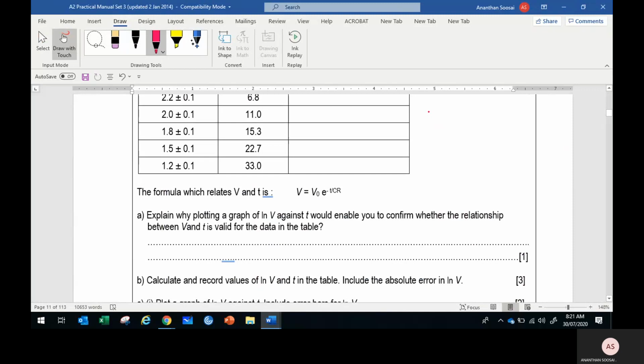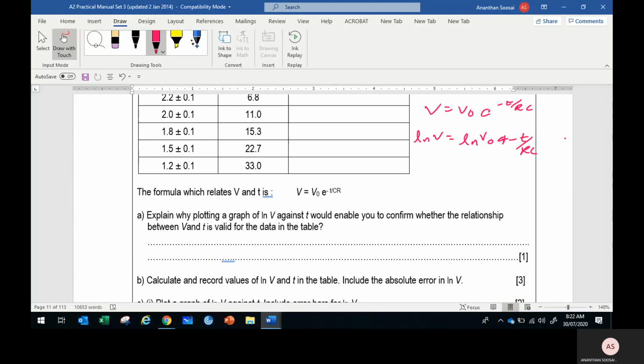So how do you do this? V equals V naught e to the negative t over RC. I think you've done this before in maths. You bring ln to both sides: ln V equals ln V naught plus ln e to the negative t over RC. ln e becomes 1, so the power comes down.